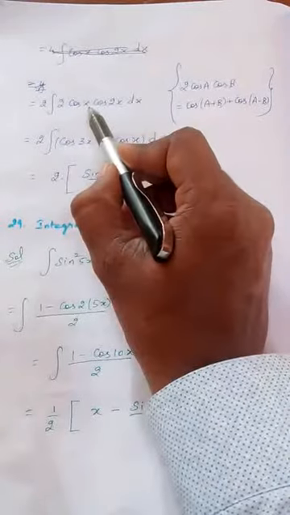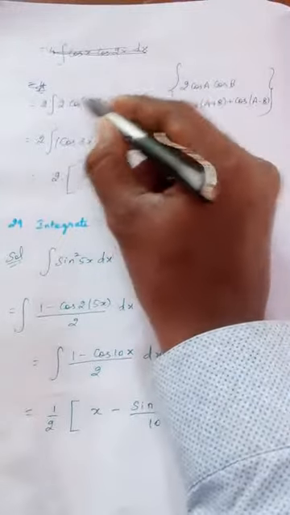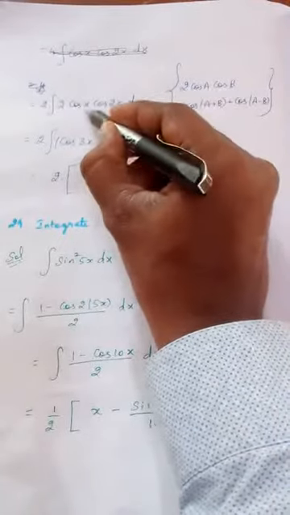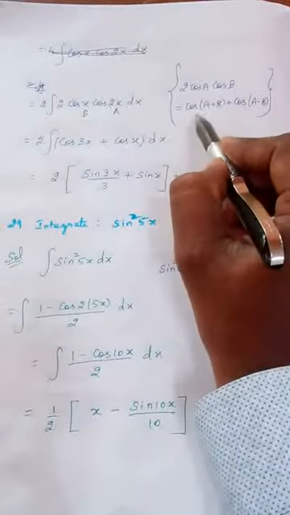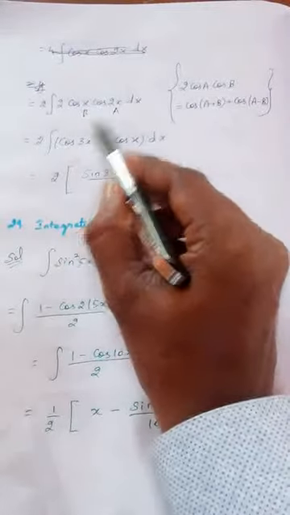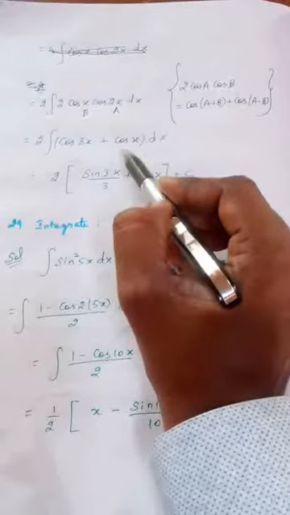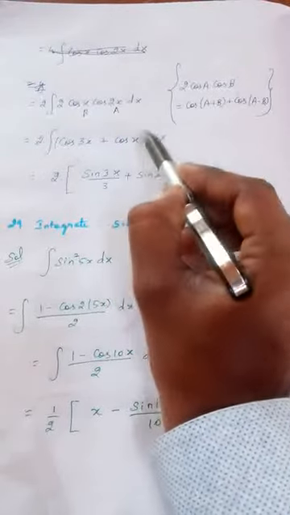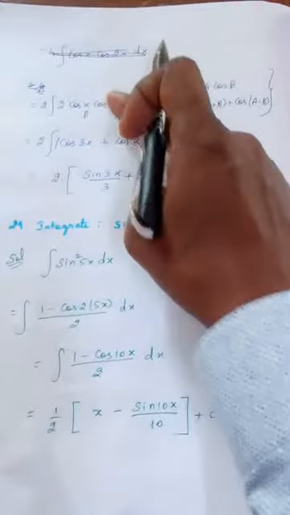This is of the form 2 cos a cos b. So I can write that as cos a plus b plus cos a minus b. Cos a plus b means 2x plus x, 3x, plus cos a minus b, 2x minus x, x, into dx. So using this trigonometric formula we are writing like this.